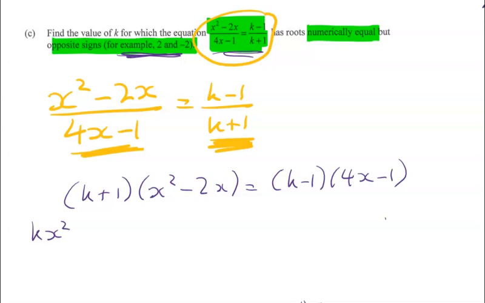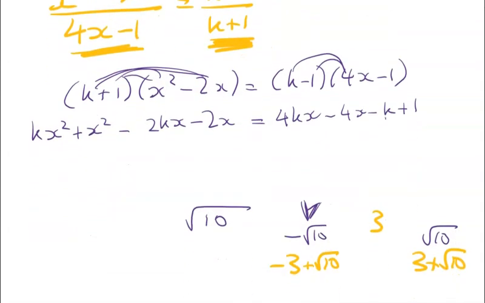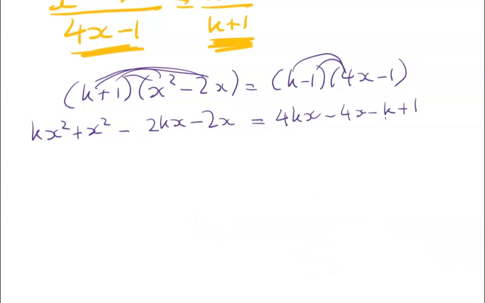So kx squared plus x squared minus 2kx minus 2x is equal to, so that's these ones all done. Now we're going to do 4kx minus 4x minus k plus 1. To solve a quadratic, we want to have it all equaling 0 and all the stuff on one side.